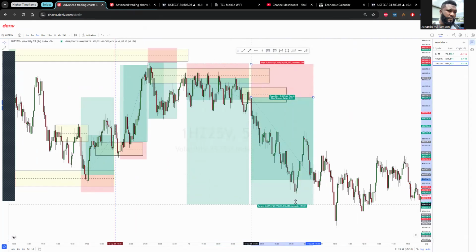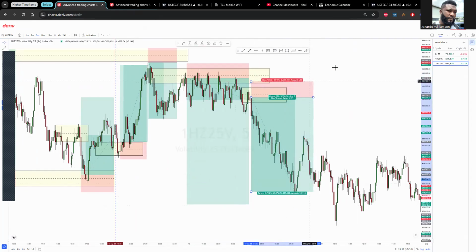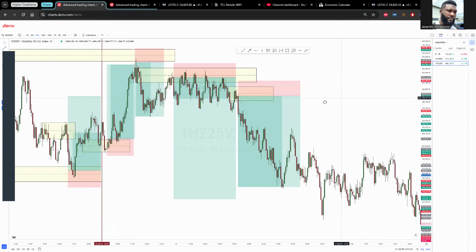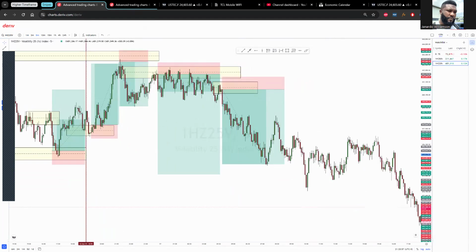This was another entry opportunity here. Stops could have been there, and we just kept on selling off. So that was one opportunity there. Then this was another one here.